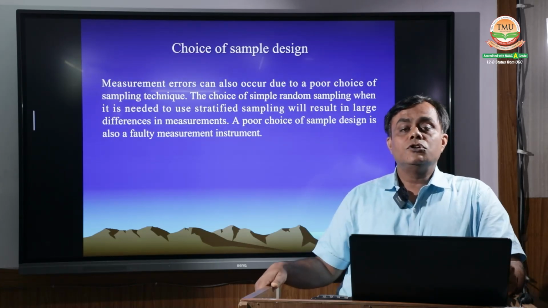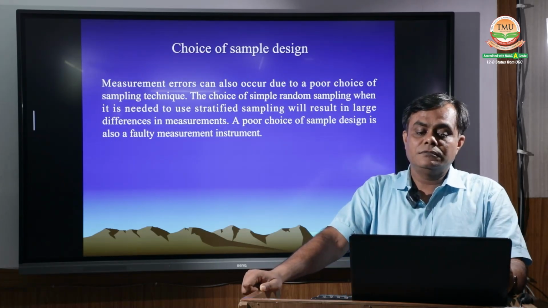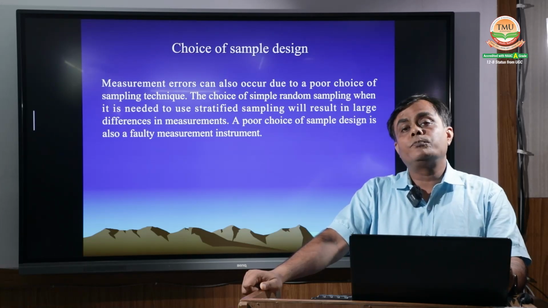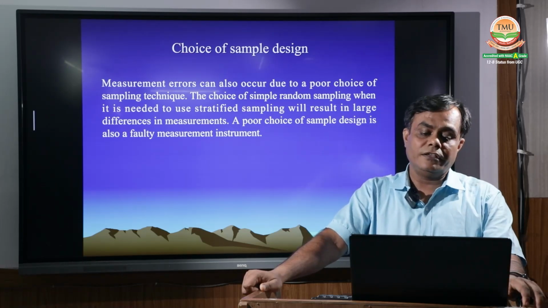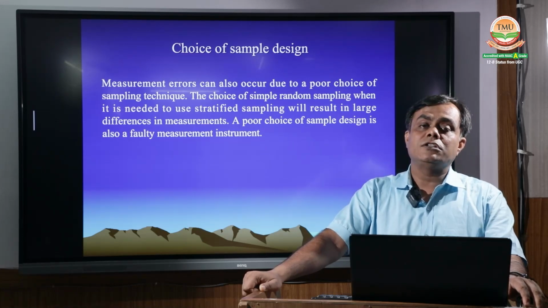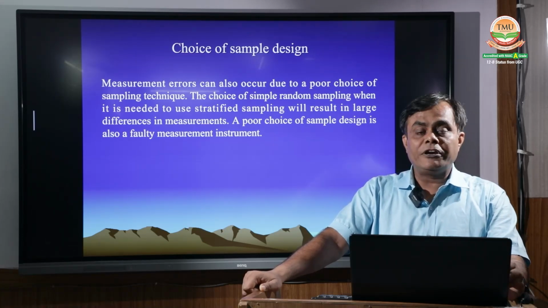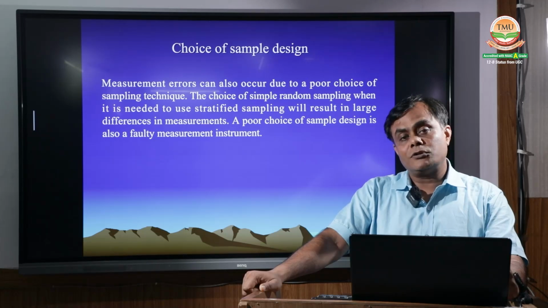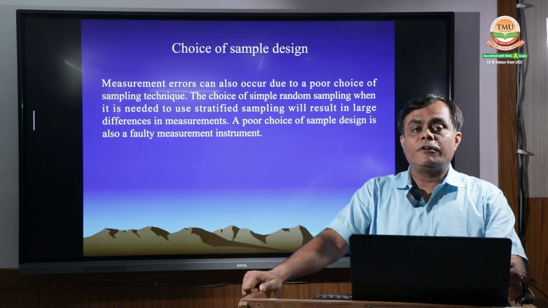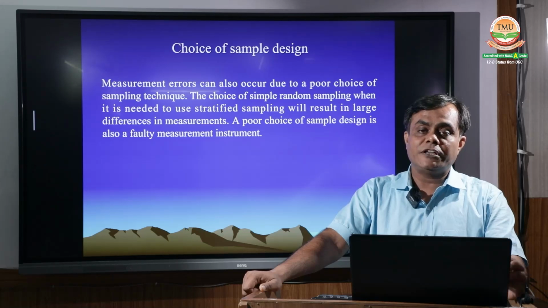Next is the choice of sample design. Measurement error can also occur due to a poor choice of sample techniques. Sometimes you are using a sample technique that does not fit with your research, your objective, or your purpose.